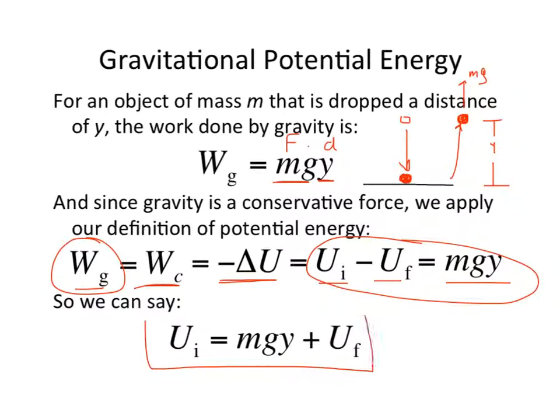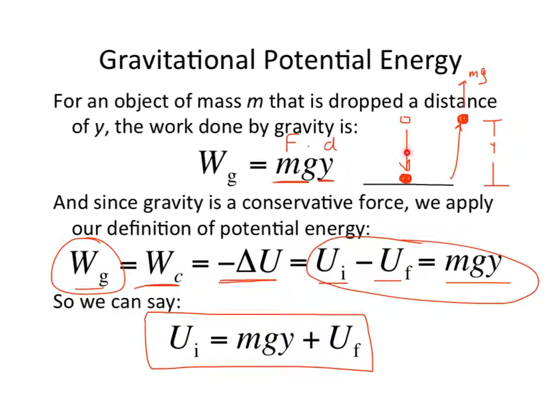Our initial potential energy, all right, plus some work done over distance, equals some work done over the distance, plus your final potential energy. Okay, so all of our energy is accounted for. Let's say initially it's up here and it's got a certain number of joules, so I'll say right there, okay? And it moves halfway down.